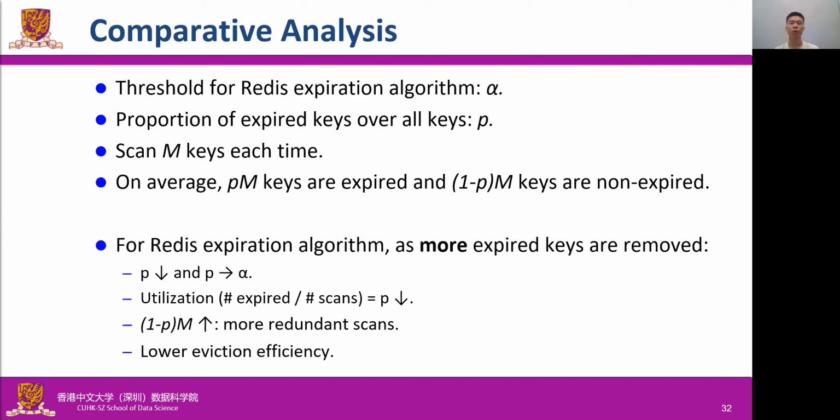For the original Redis, as more expired keys are removed, P decreases and approaches alpha. The utilization, which is the proportion of expired keys over all scanned keys, decreases, and more redundant scans occur. As a result, we will have lower eviction efficiency.